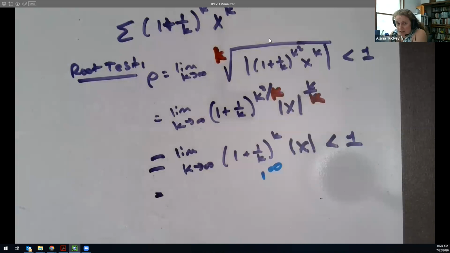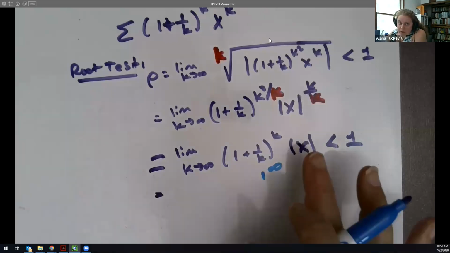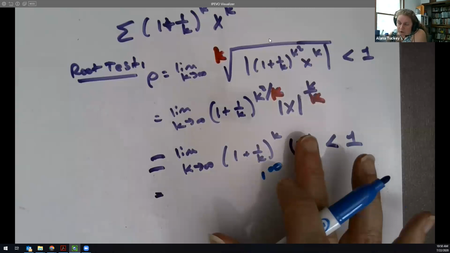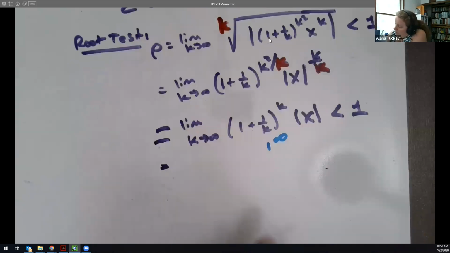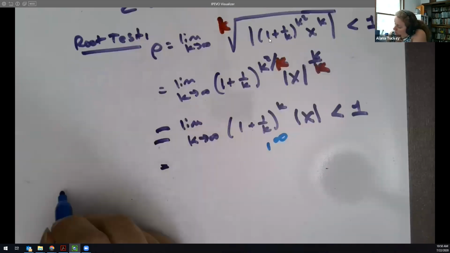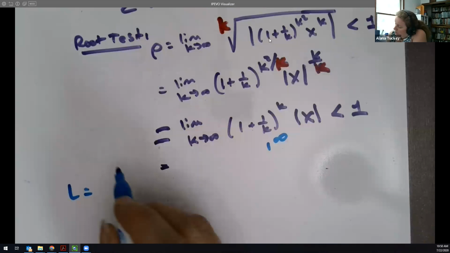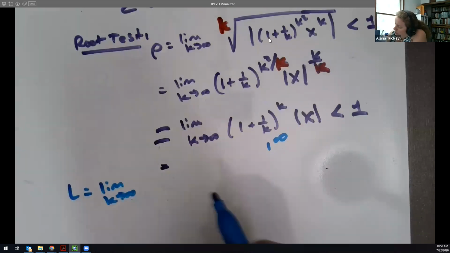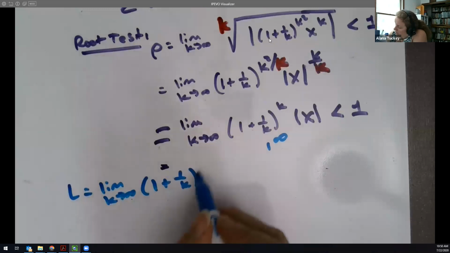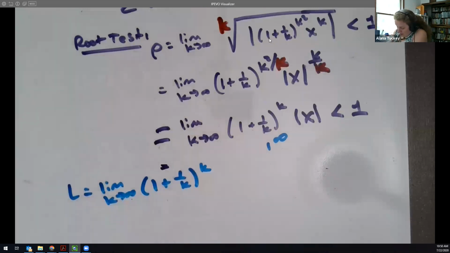Logarithm time. Yep. So, and honestly, we only really care about that part. I'm gonna leave the x out of it for right now, and I'm gonna go figure out what this is. So just bear with me here. If I have L equal to the limit as k goes to infinity of 1 plus 1 over k to the k, I'm just gonna go figure out this part on its own.